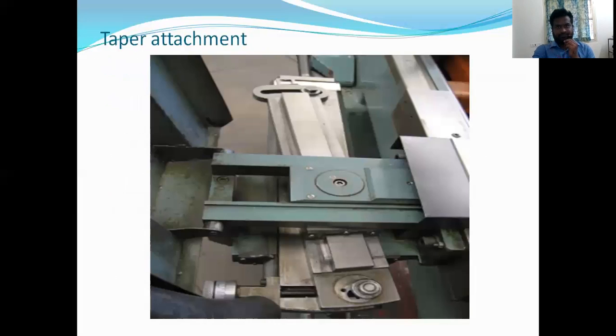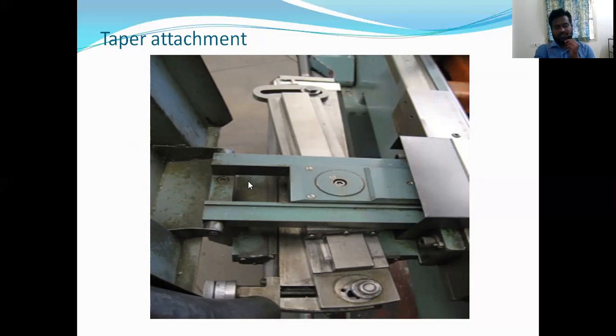In this figure, we are observing that this is the attachment. It has brackets and a bar. It has graduated degrees on that bar. So this entire attachment can be swiveled on either side. It can be swiveled on this side or on this side.